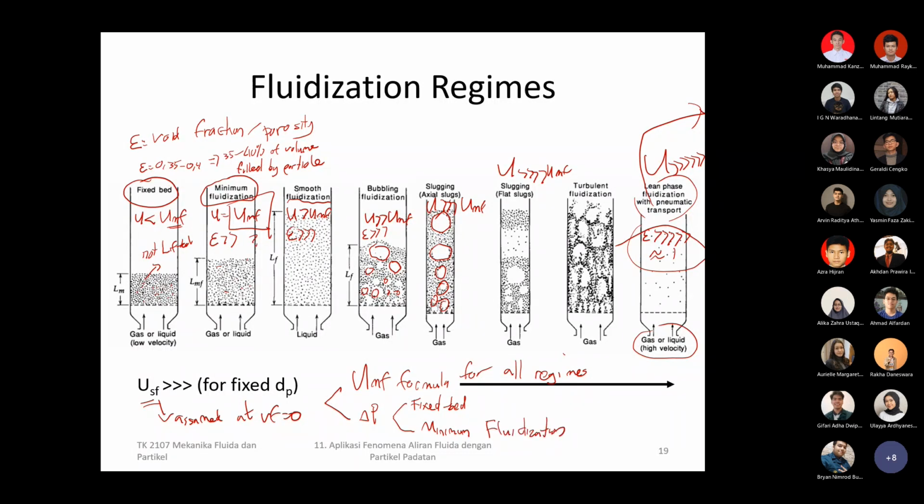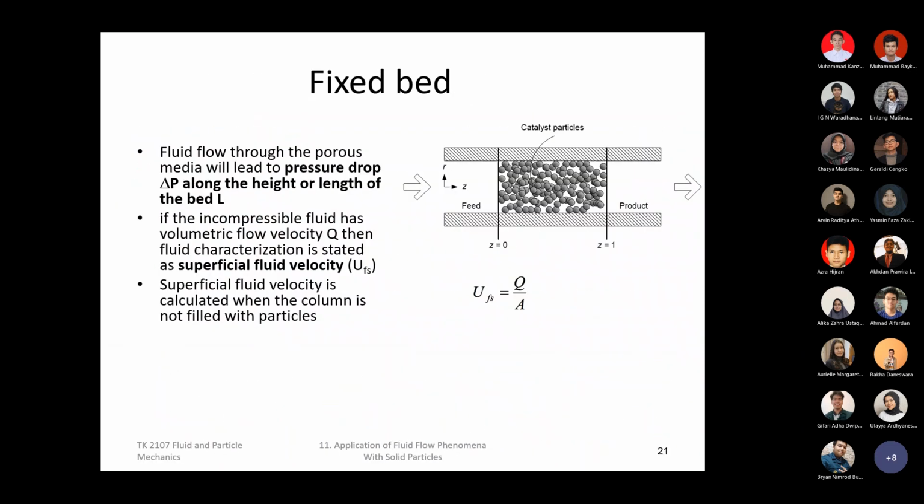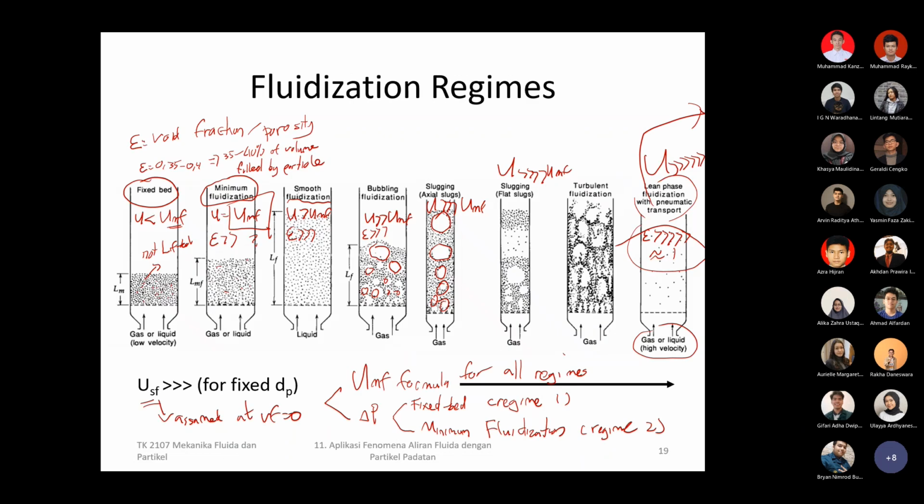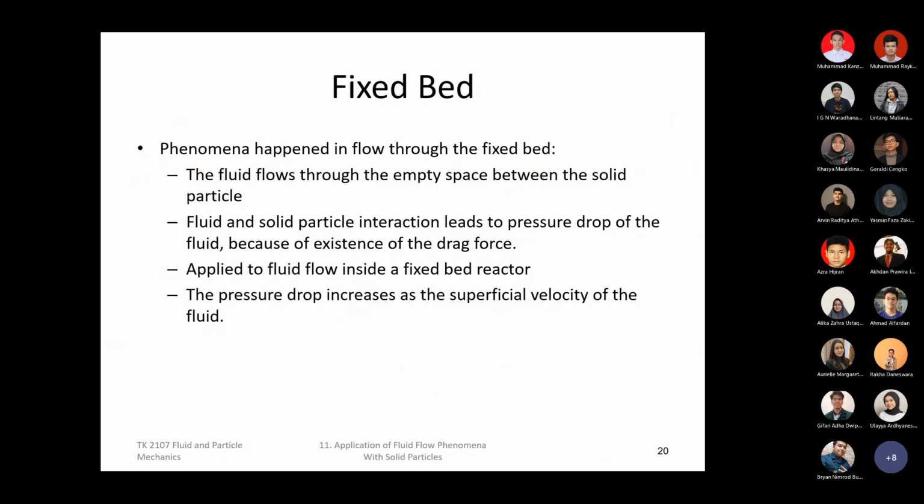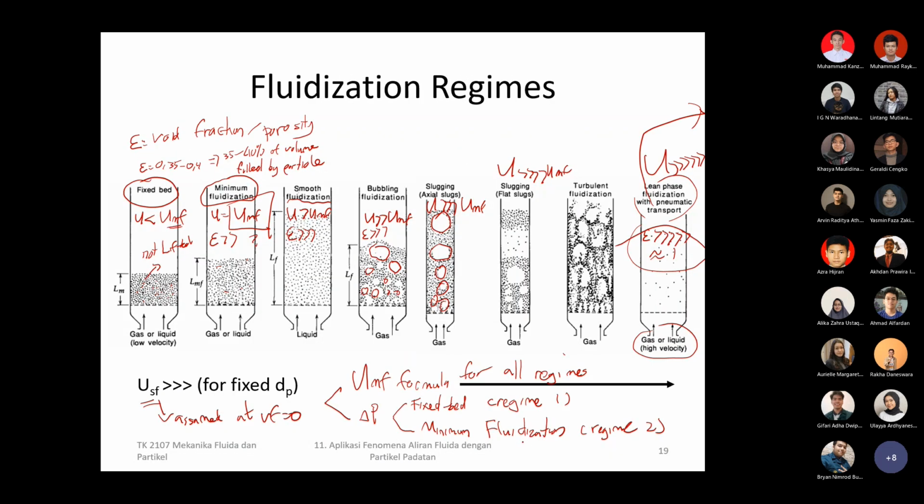So this is regime 1, and this is regime 2, looking at the picture. But for regime 3 to 7, the same formula can be used.